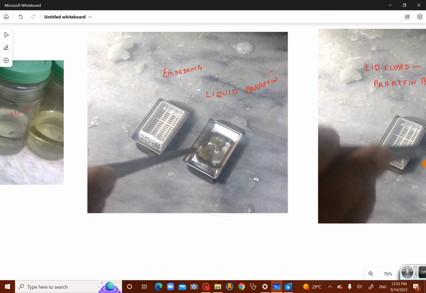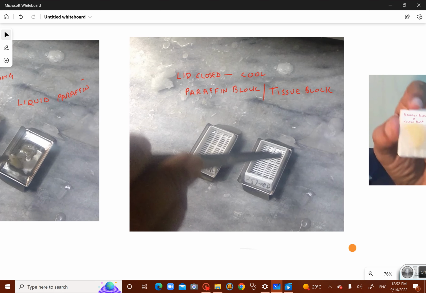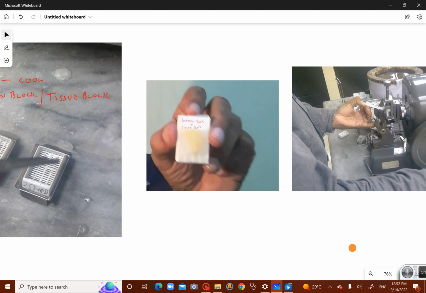At the end of it, you need to cool it, put the lid on, and this is known as paraffin block or tissue block. And this is the final appearance of the paraffin block.